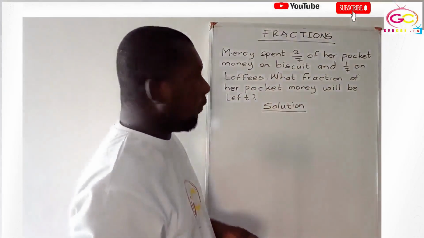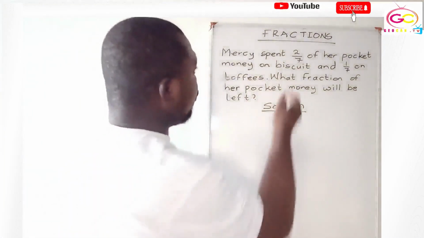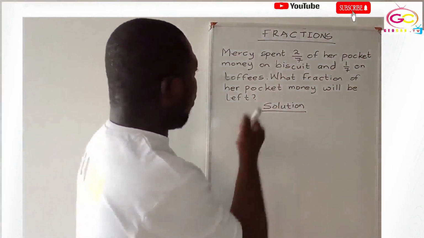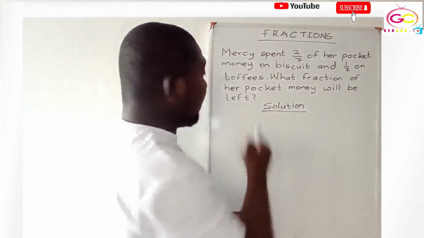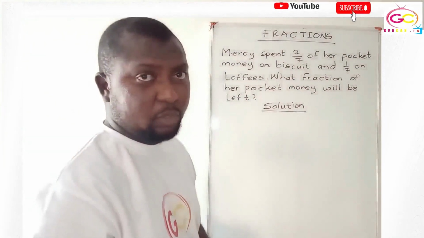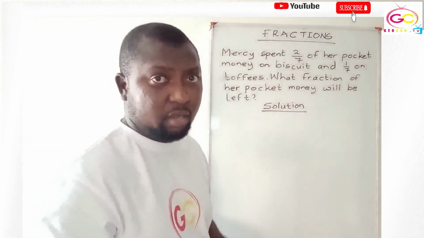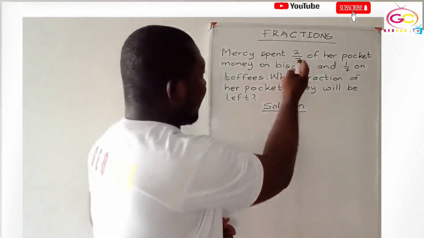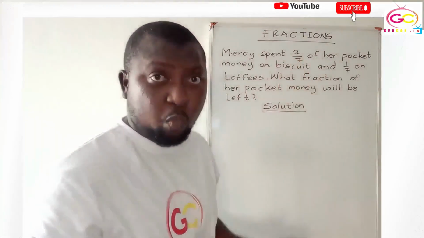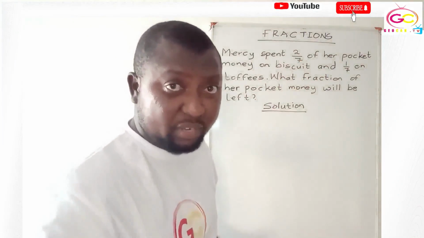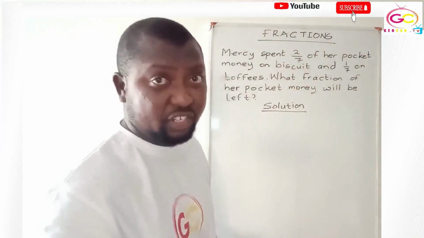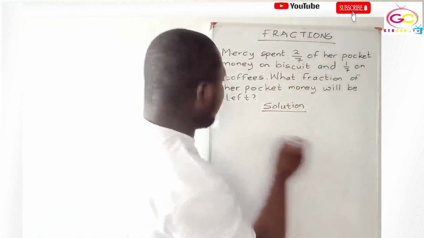Now, we know Messi spent 2/7 on what? On biscuit, and 1/7 on toffees. So to know the total fraction, you just add 2/7 plus 1/7, and you will know the total fraction spent, right? So let's do that.